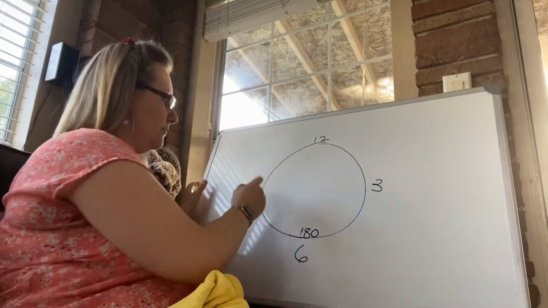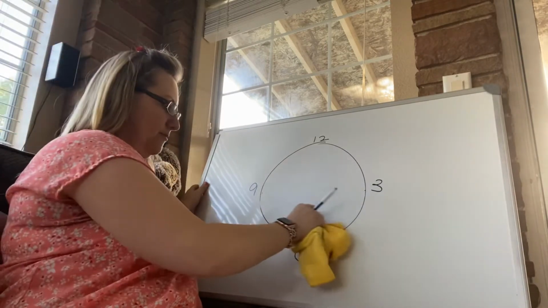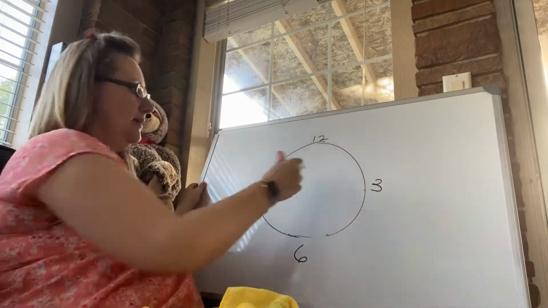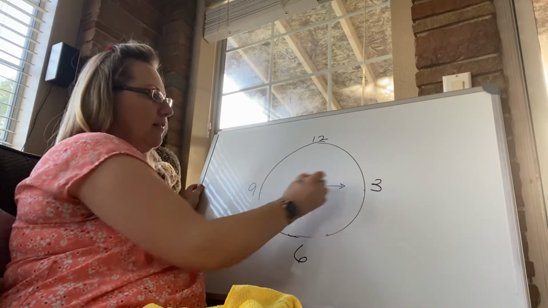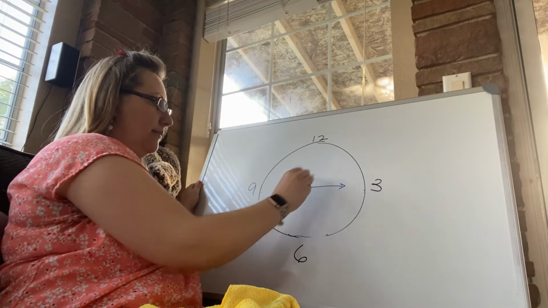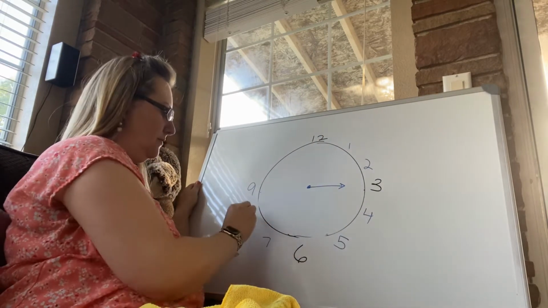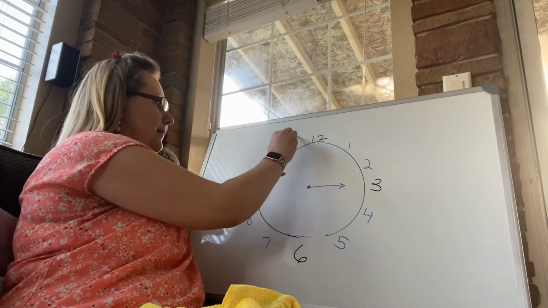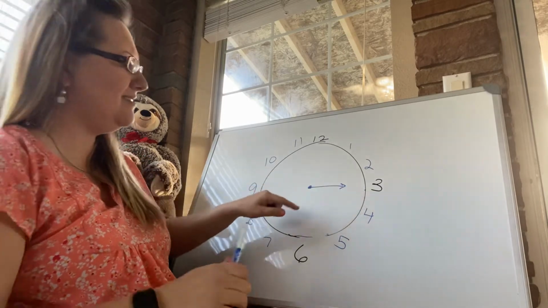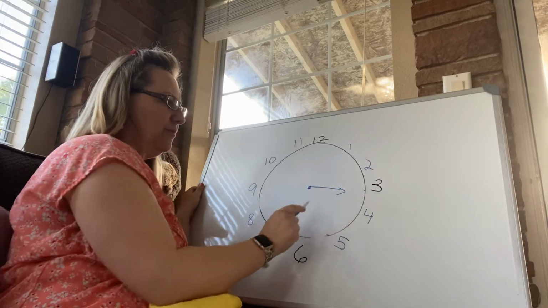Okay, so here's my 9 o'clock. Let me get rid of the 180. Best that I can. And so we have 3 o'clock, and then 45 minutes would be, let's see, I could actually draw all the numbers for you. Okay. And so we have 3 o'clock and something, 3:45. So actually the clock would be a little bit lower.